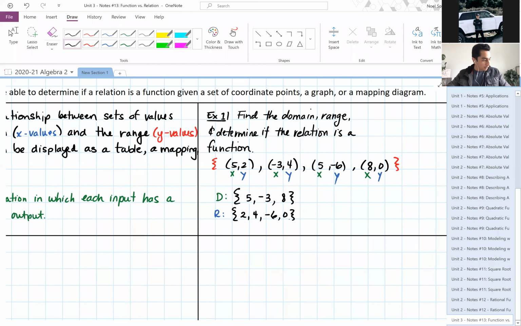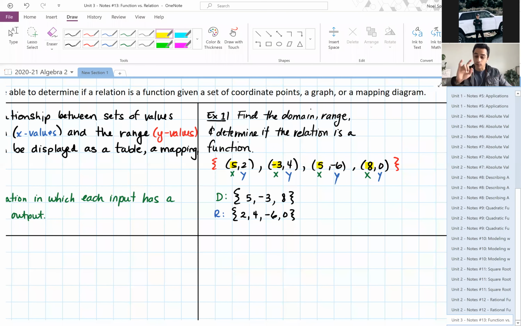All right. Now here's the part where we have to use the definitions to help us identify whether this is a relation only, or is it also a function? All right. Here's what you look for when you're going to determine if something is a function. Look at your X values. Okay. I had 5, -3, 5, and 8. That's the key. You look at the X values. All right. I have a duplicate.